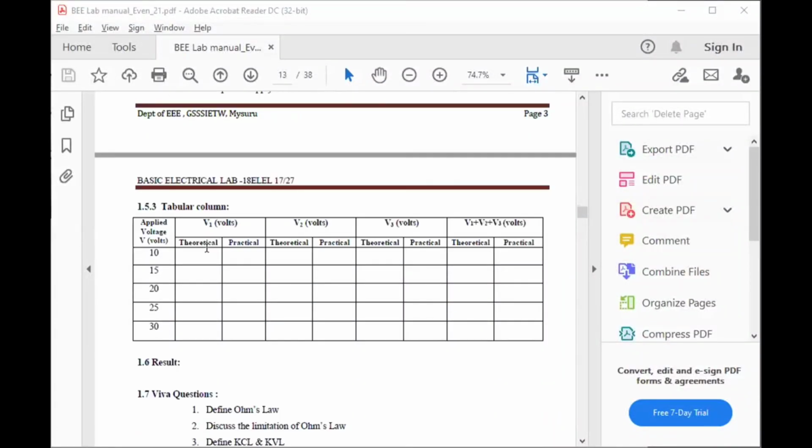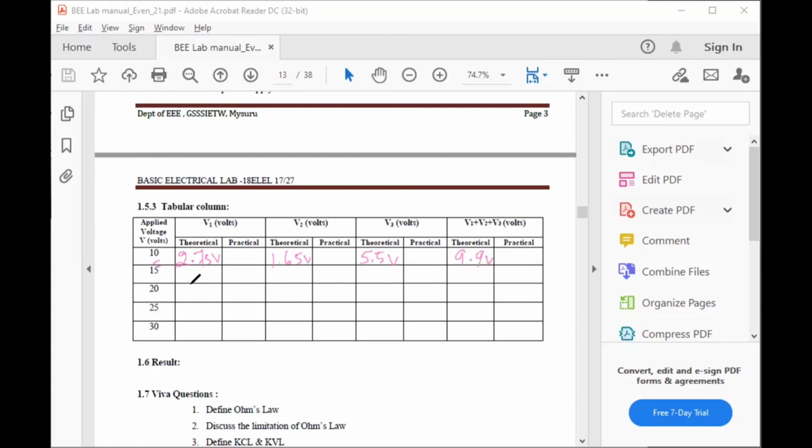In the theoretical calculations, as we calculated here, the value of V1 for a 10 volts source is 2.75 volts, V2 is 1.65 volts, and V3 is 5.5 volts, and the addition of all these, the theoretical value is 9.9.